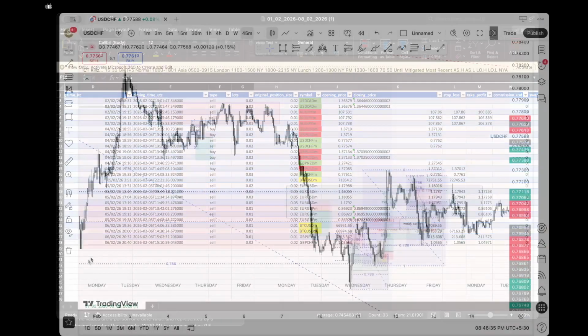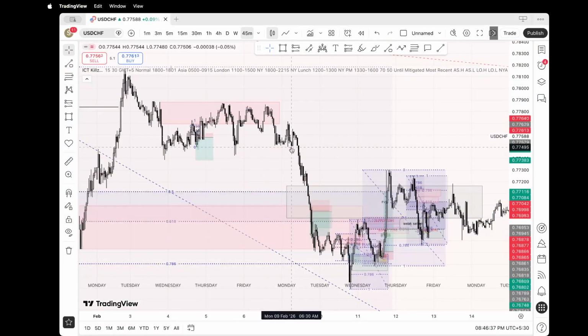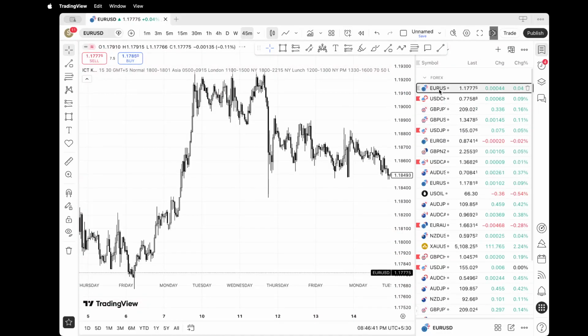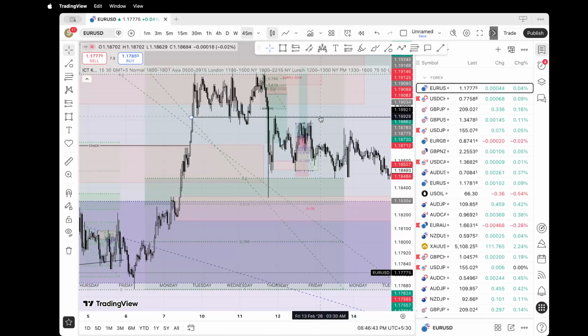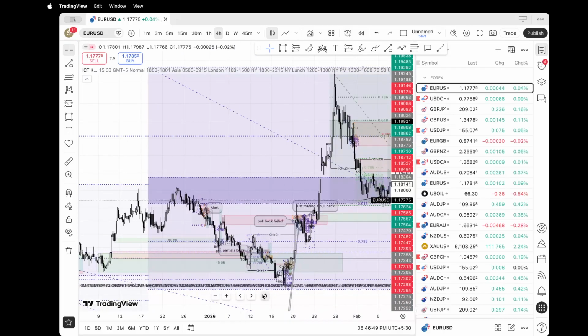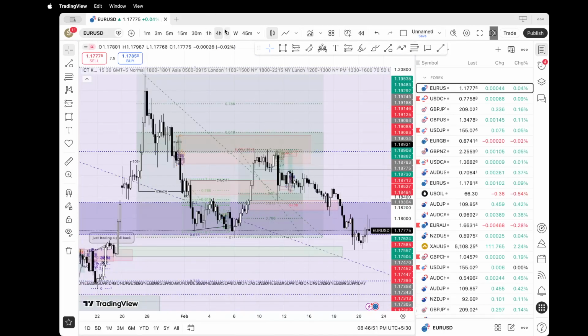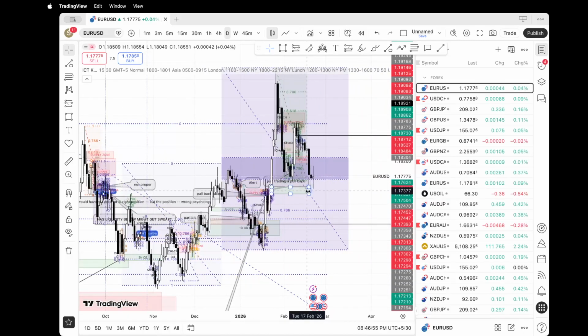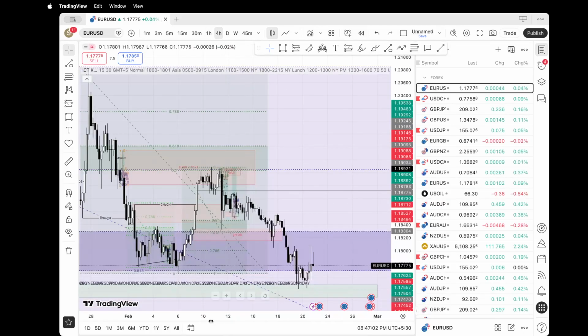Let me switch to TradingView again. Euro USD. So we do have a good buy in Euro USD as well.